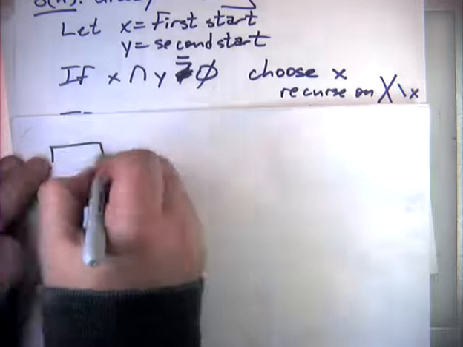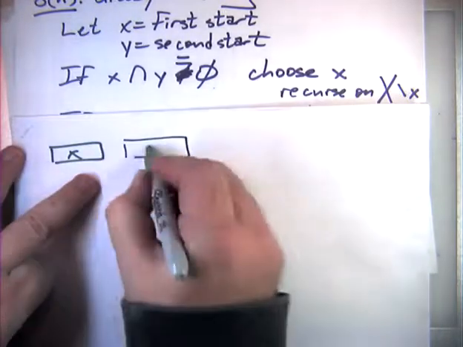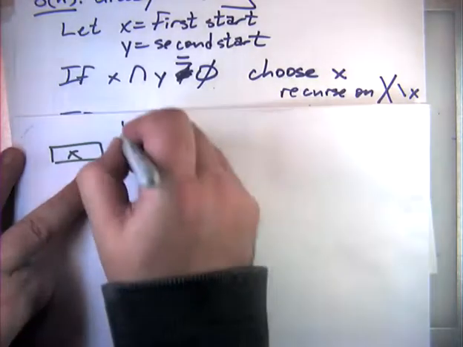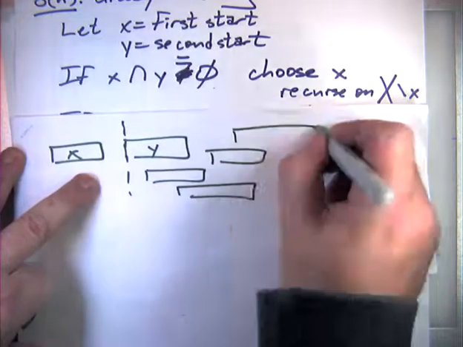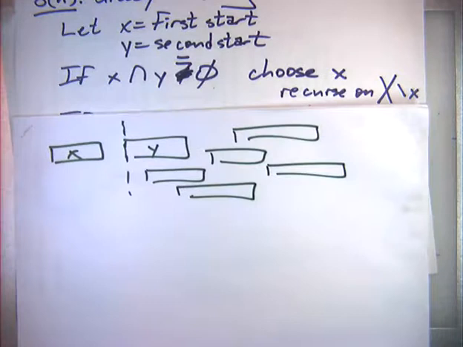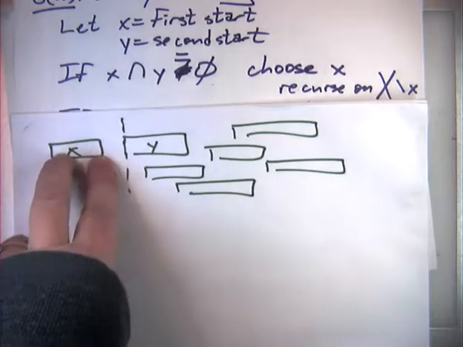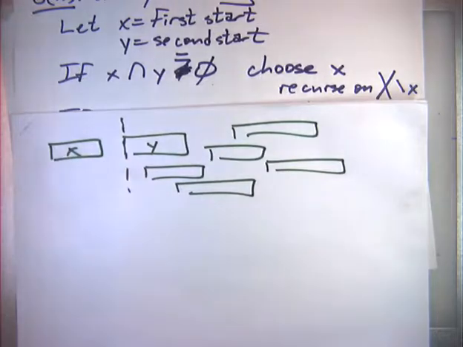Here's X, here's Y, and everything else starts after Y. Now, suppose I have a schedule that does not include X, for the sake of argument. Then, because X ends before any other class begins, I can just add X to that schedule and get something better.